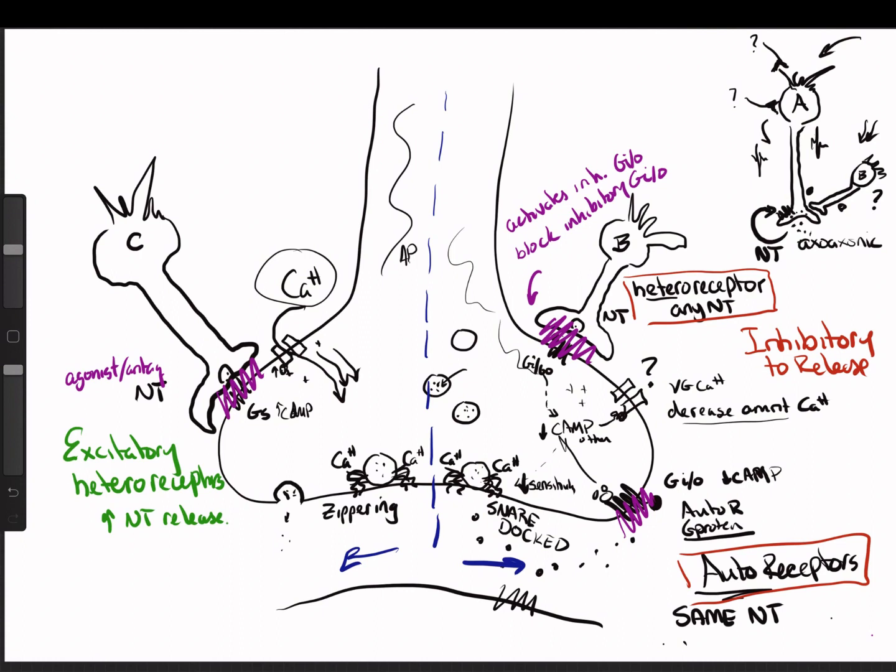So, for example, up here in this corner on the right-hand side, we have a system in schizophrenia where neuron A is a dopaminergic neuron and neuron B is a serotonergic neuron, and we can modulate the amount of dopamine being released by modulating presynaptic serotonin receptors here. So stick around and we'll be able to talk about some of those. And hopefully this helps explain some of this extremely complicated looking presynaptic modulation.